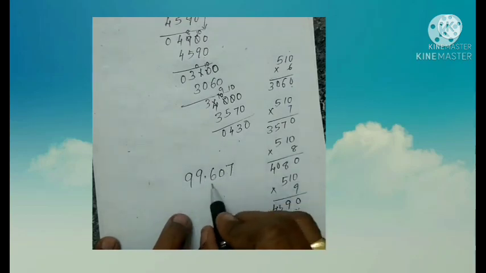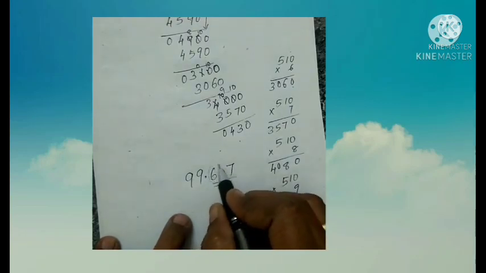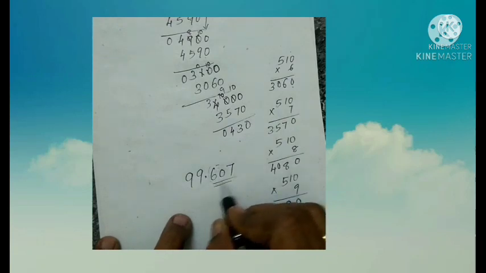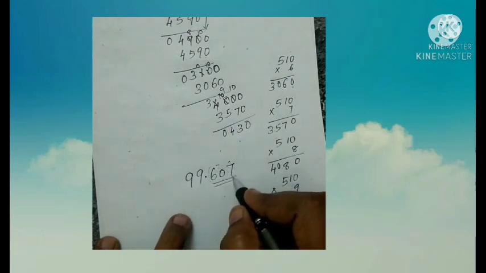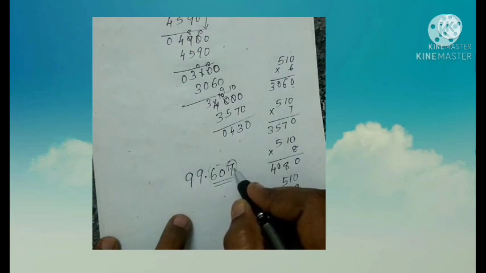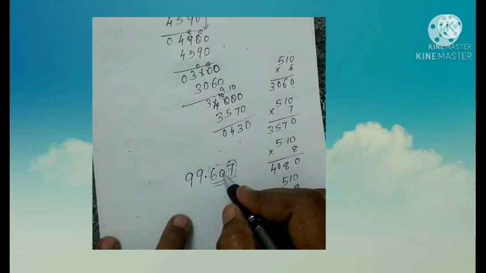So we can take this number 99.607. But paise has only 2 places, though here I can take 3 places. So if the last digit after the decimal point is greater than or equal to 5, we add 1 to the place just before.